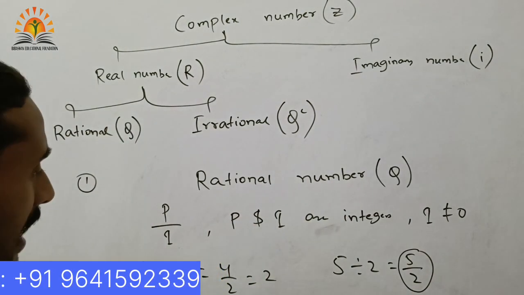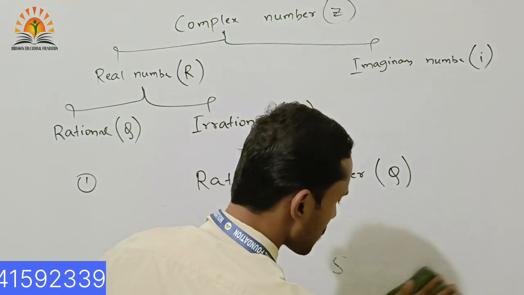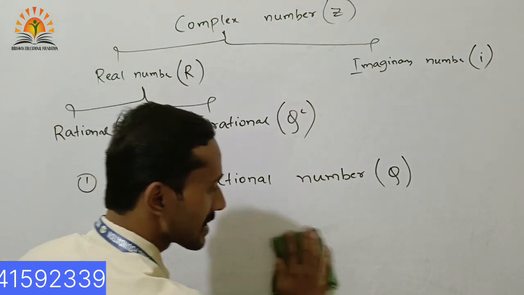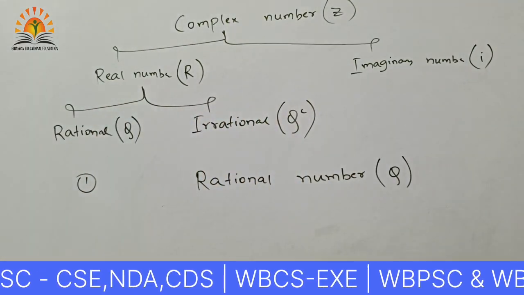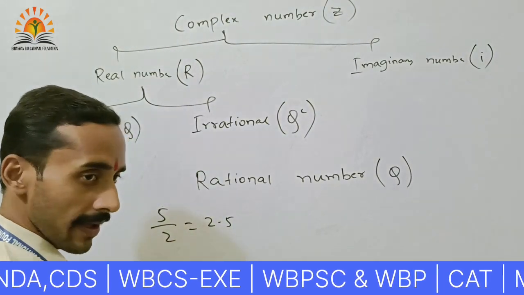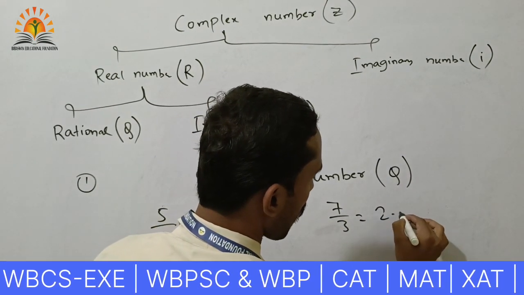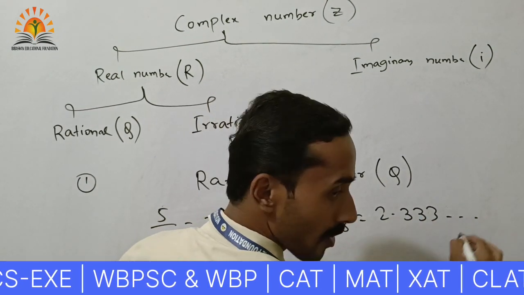Okay, we are clear. But you find that when we change any rational number into decimal, there are two types of decimal. If we see 5 by 2, it gives the result 2.5. But if we see 7 by 3, it gives the result 2.333 dot dot dot.